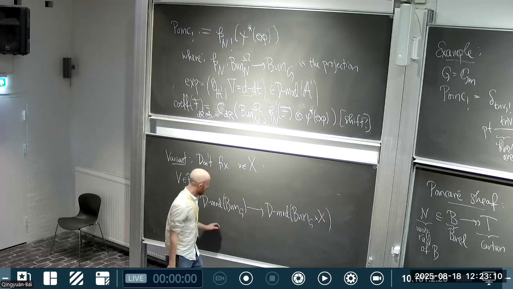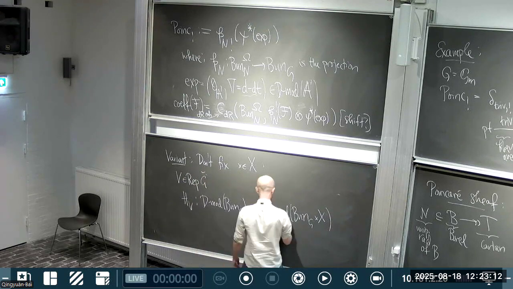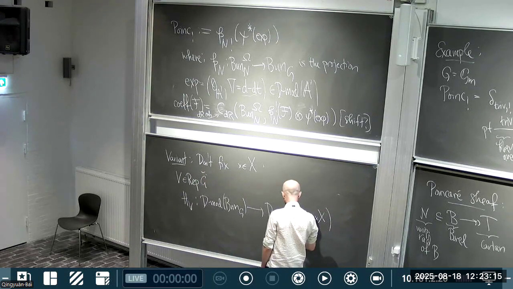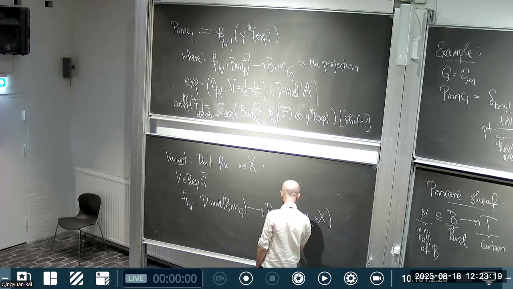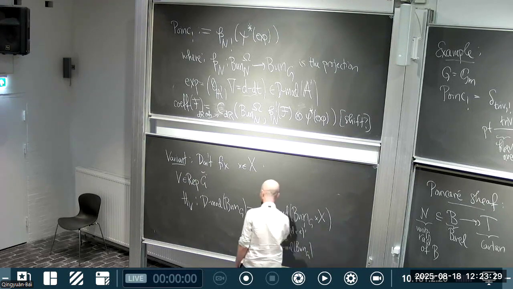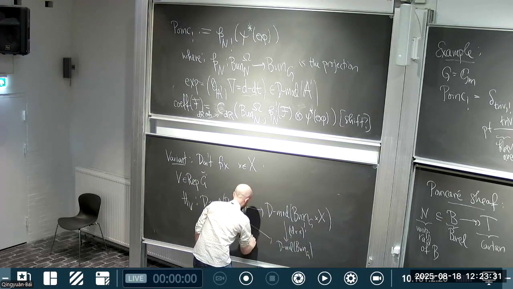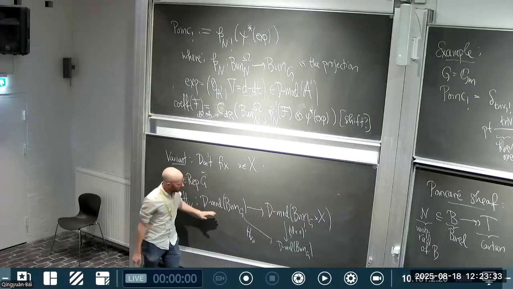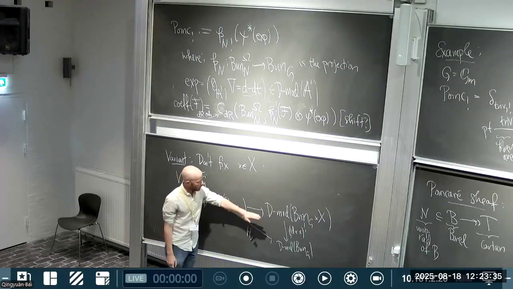Its job is that if you take the fiber at some point, this is going to be my H_{V,x}. So it's some way of encoding all of the Hecke functors as you allow points to vary.